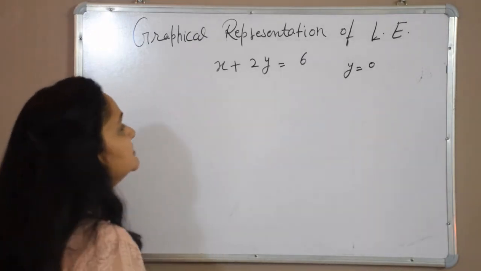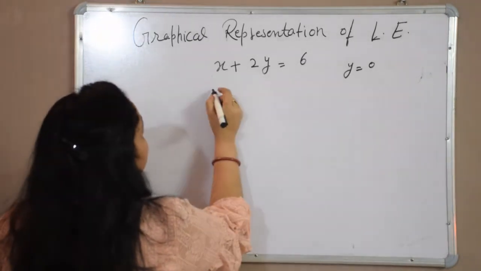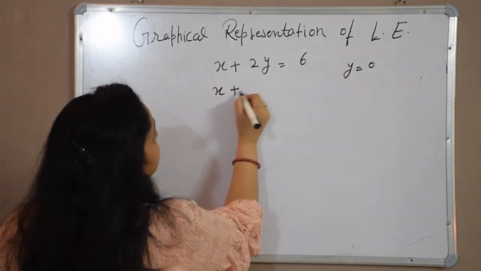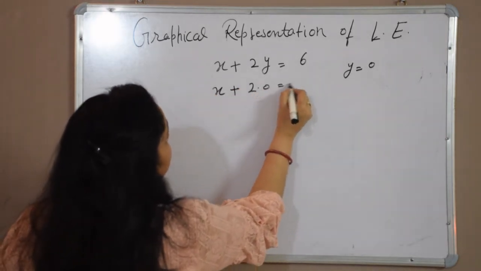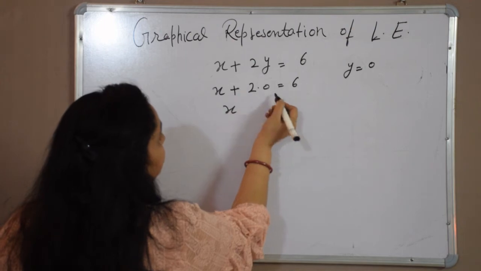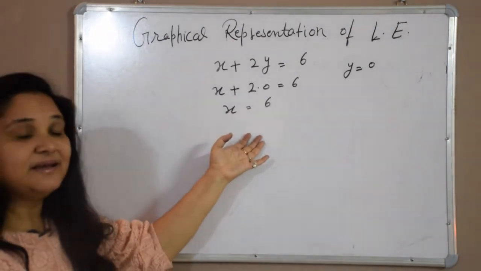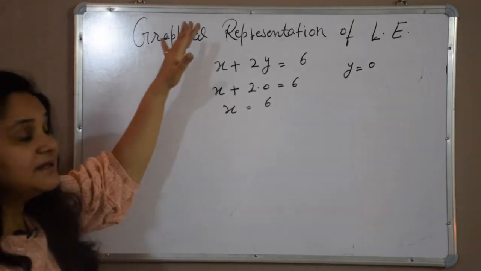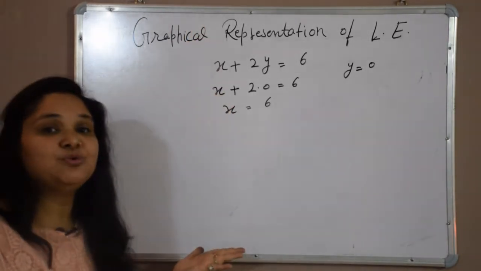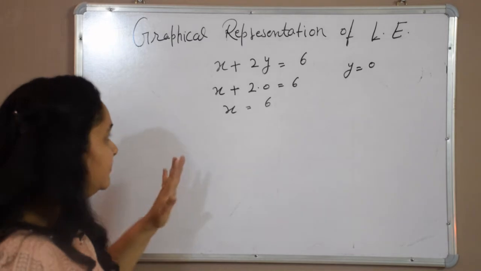First one thing is independent, one variable is. So suppose I am choosing y is equal to 0, so I can write x plus 2 into 0 is equal to 6. So 2 into 0 is 0. So x is equal to 6. So directly I am getting x is equal to 6. So there are many ways by which you can solve a linear equation in two variables.